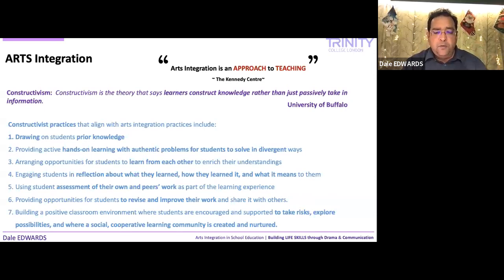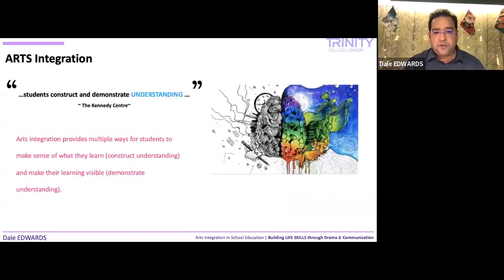But now when we move over to the next part of the definition, which is understanding. Constructing understanding of one's world is an active, mind-engaging process. Information must be mentally acted upon in order to have meaning for the learner.